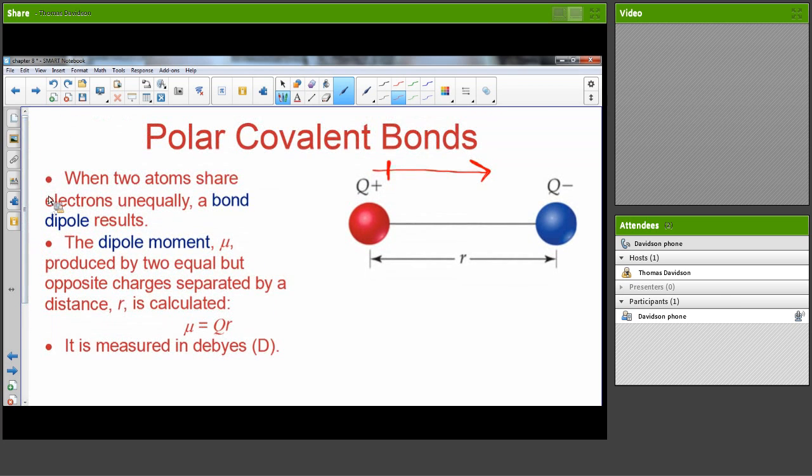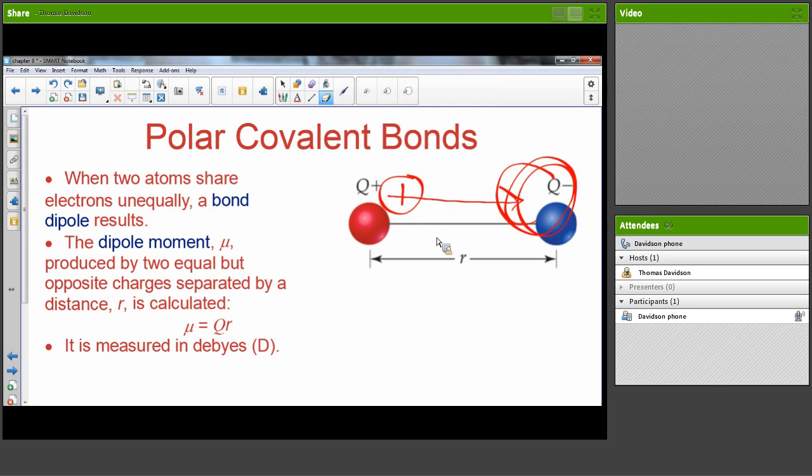Okay, what I would like to introduce to you is this thing that I just erased on purpose. What you would do is draw an arrow indicating the direction the electron would go. And it always goes towards the more electronegative atom. Then at the end of the arrow you would put a plus or a little line through to indicate that the electron moved this way, leaving this side positive. Okay? So dipole moments, math-wise, you don't have to do them.